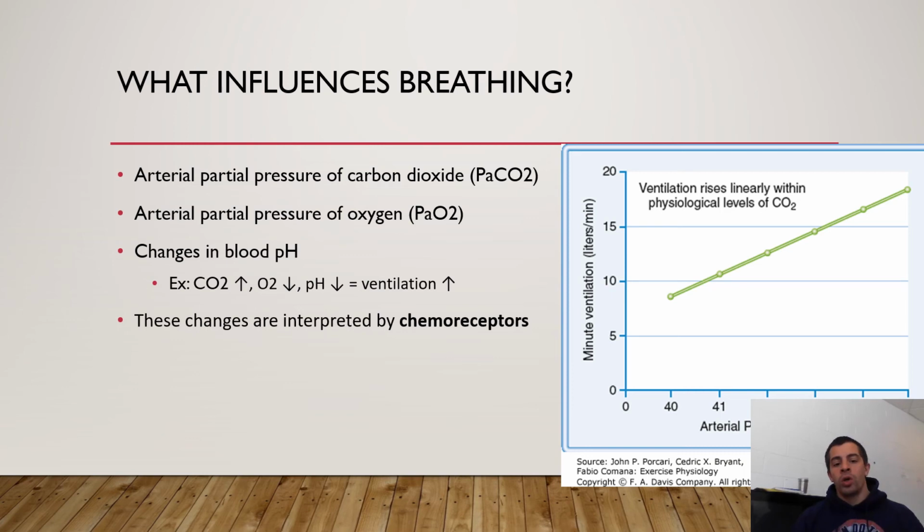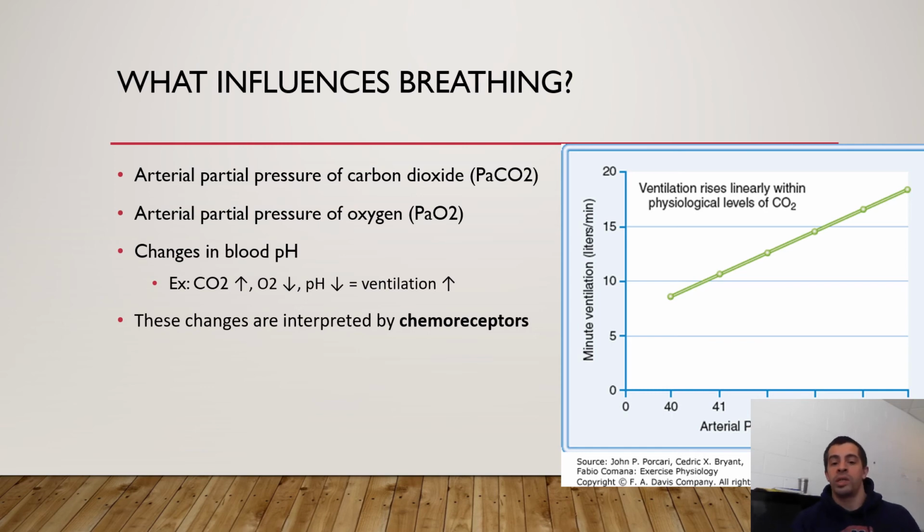An example I give is let's say we start to exercise. As we start to exercise, the partial pressure of carbon dioxide in our arteries is going to increase. The partial pressure of O2 decreases as we start to exercise.